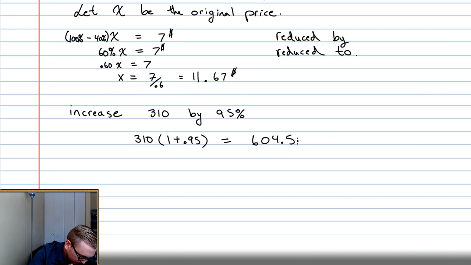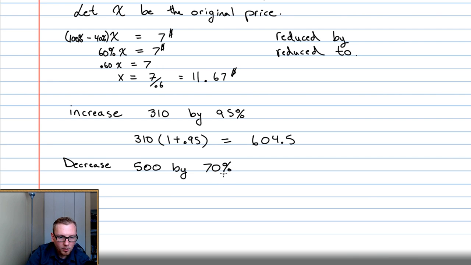What would be another one she's got in here? Decrease 500 by 70%. You don't want it to go down to 70%, 70% of the original value. You want it decreased by 70%.